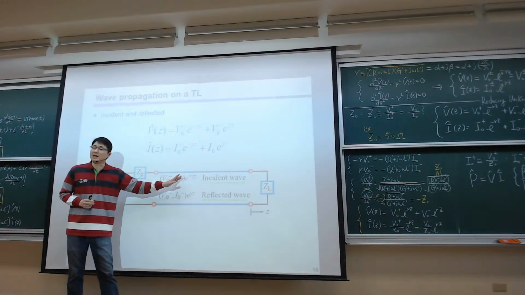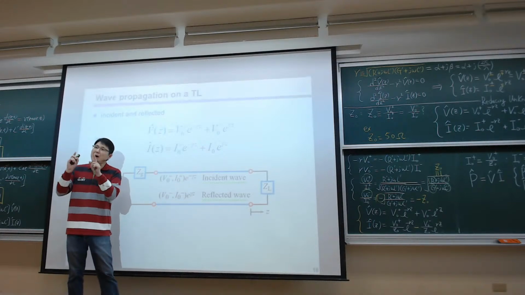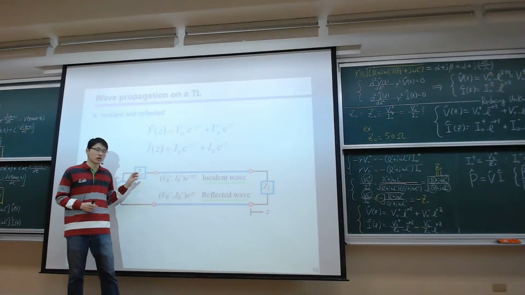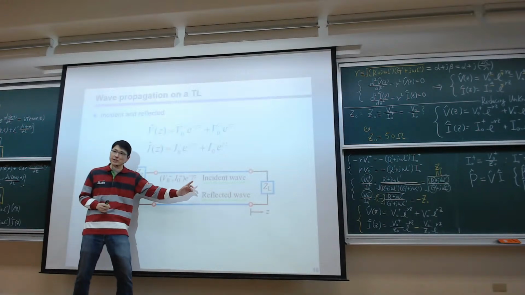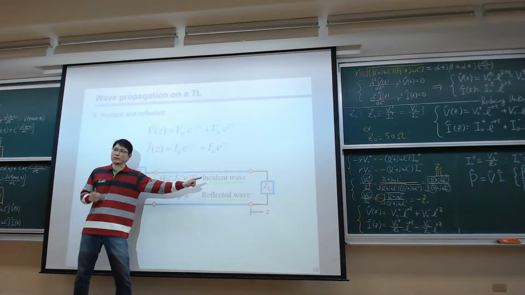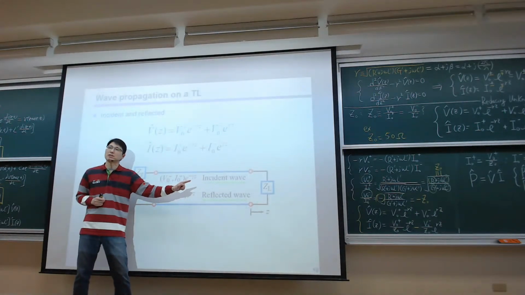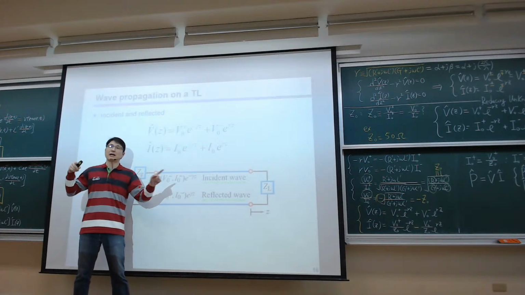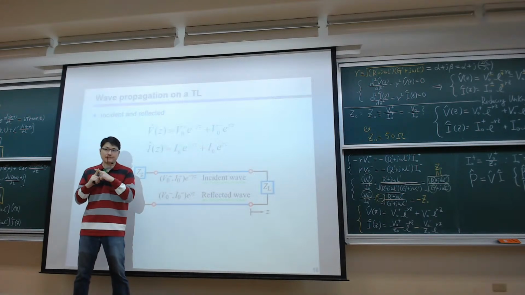But V times I is positive. So the positive power means it's losing power. From the generator, this power is sent to you. It's meant to be used by you. But that lost power takes on a positive sign.